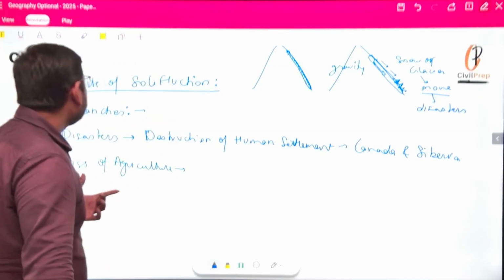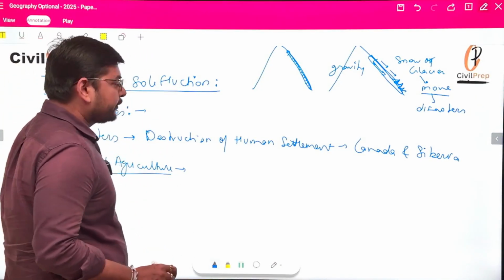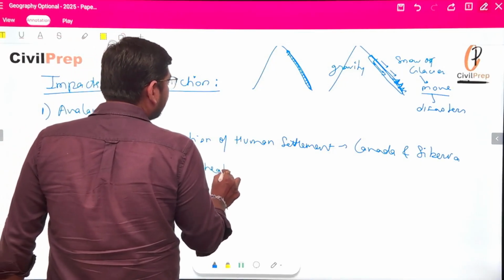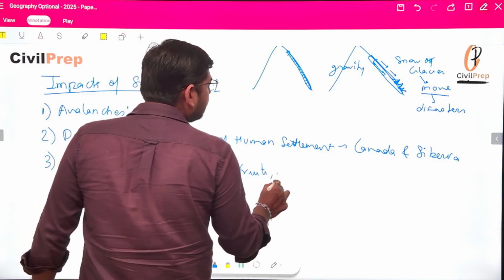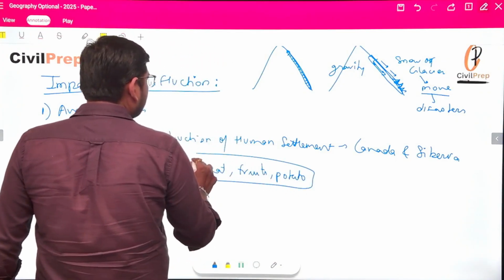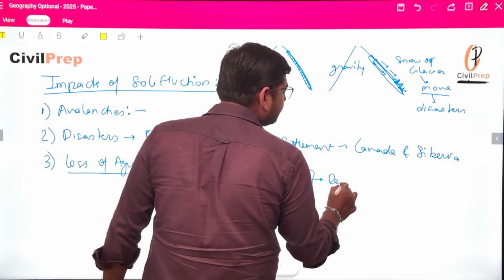So whenever this solifluction occurs, it results into the loss of agricultural produce. So here we'll be seeing the various crops like wheat, various fruits, potato. Okay. So this agriculture actually gets destroyed.